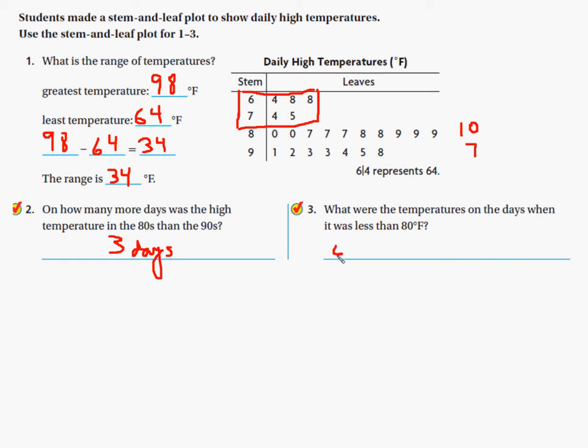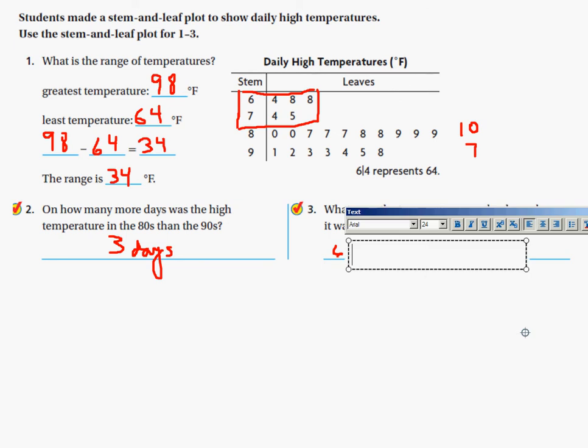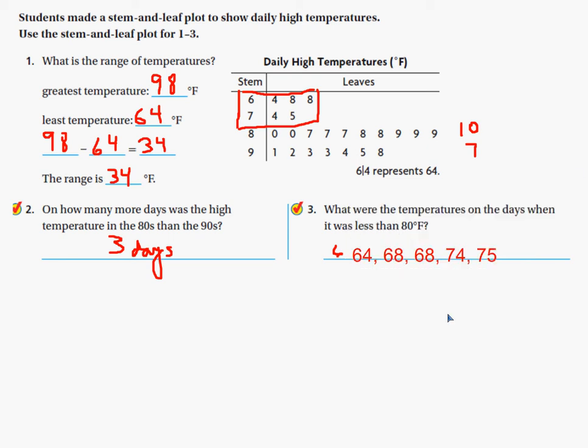I have 64 degrees, 68 degrees, 68 degrees again, 74 degrees, and 75 degrees. And it was very easy for me to write those down because I was just reading it off the chart. 64, 68, 68, 74, and 75. And that is a stem and leaf plot.